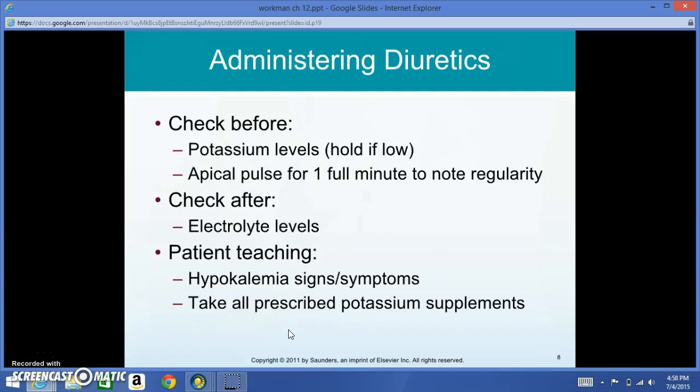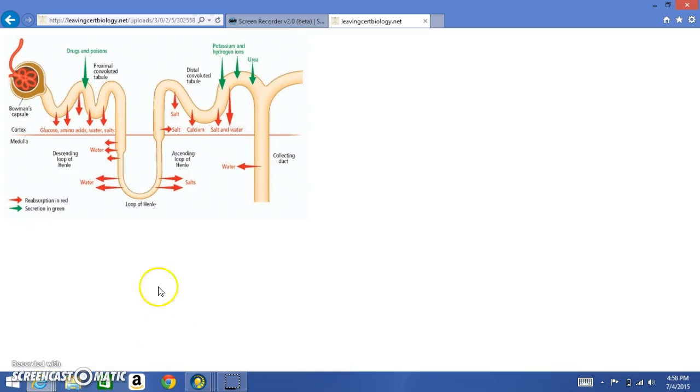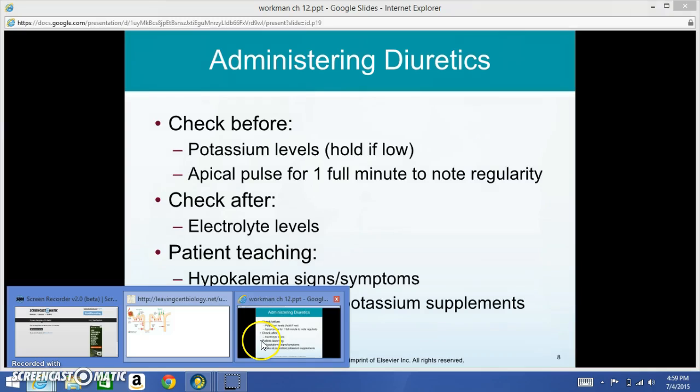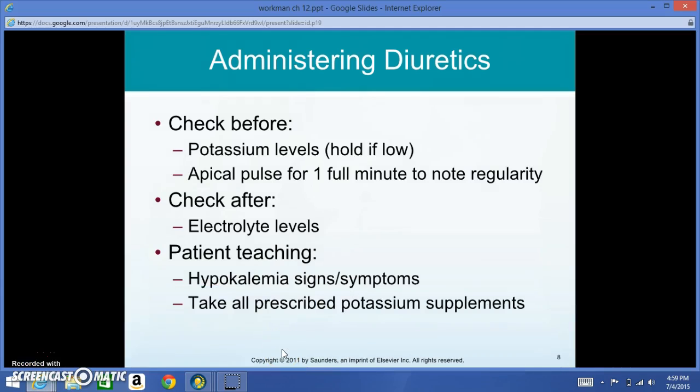So before administering a diuretic, you want to check potassium levels. I don't see potassium here. However, when you are excreting sodium, you are excreting potassium as well.